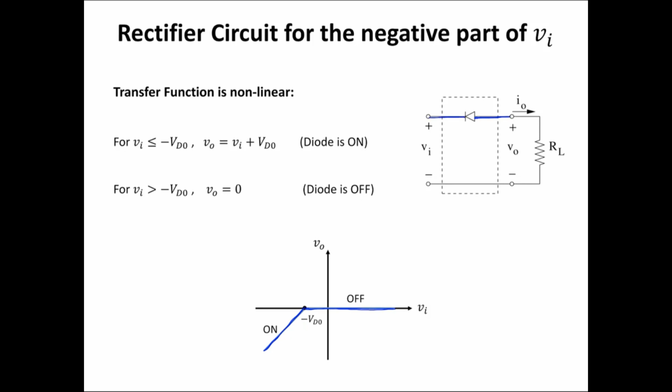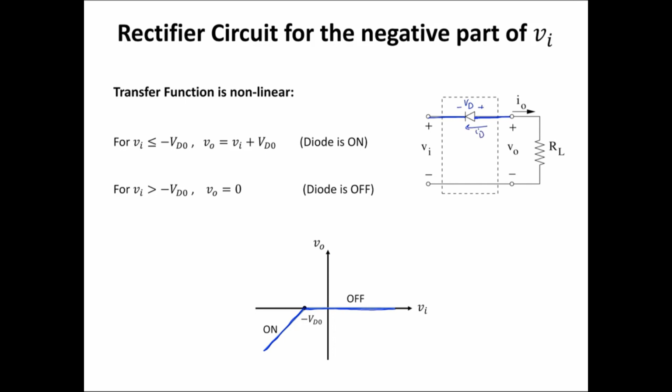The diode is going to conduct only for negative values of Vi that are more negative than negative VD0. So when Vi has a positive value, the diode is going to be reverse biased and it's not going to conduct.